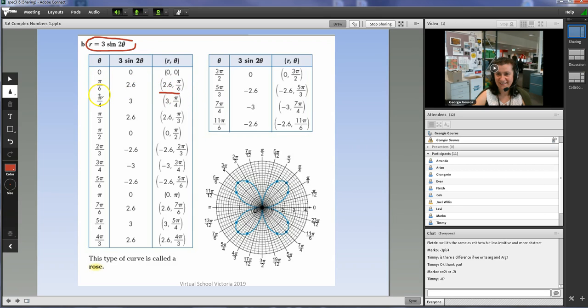When theta is equal to pi on 6, you end up with 2.6, pi on 6. That is 2.6, pi on 6 right there. When the angle is pi on 4, you end up with 3, pi on 4 right here. So if you join all these lovely dots, keep on going around, working out all those angles, you end up with this particular one, a 4-petaled rose. Can you see? It's kind of fun.